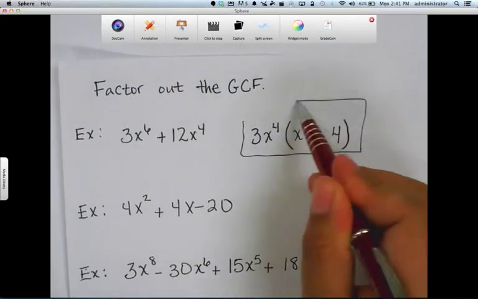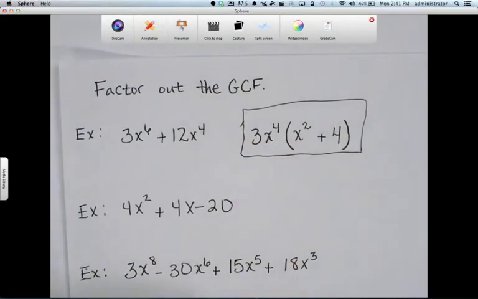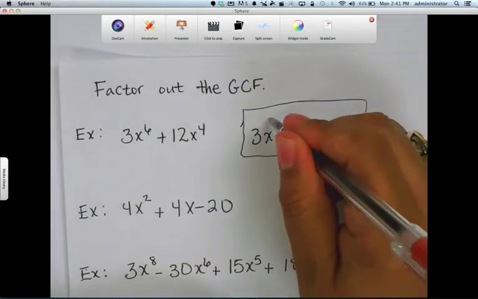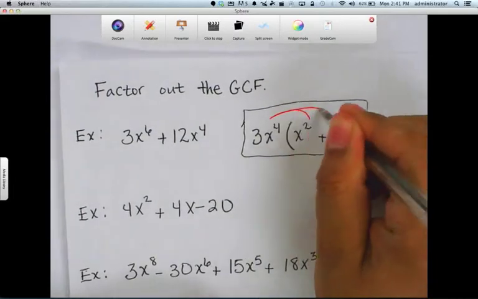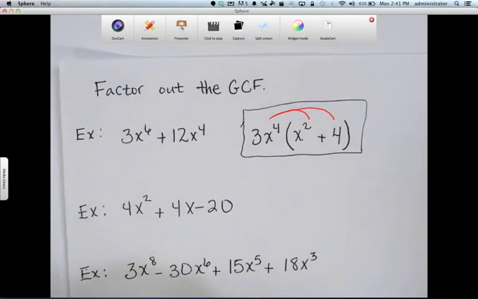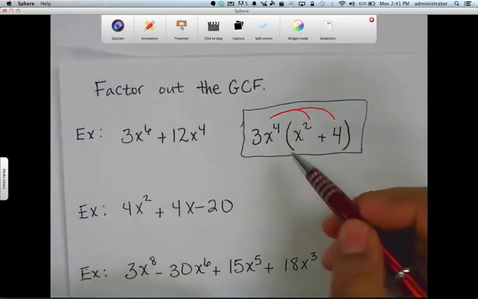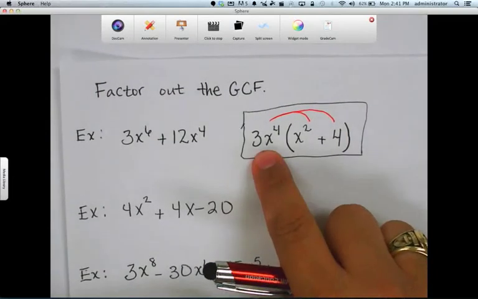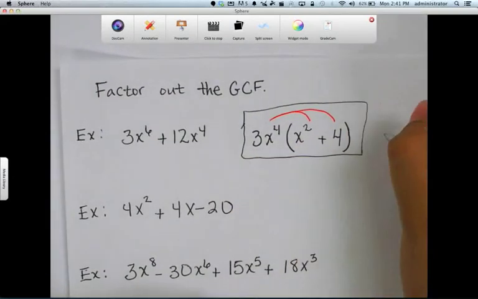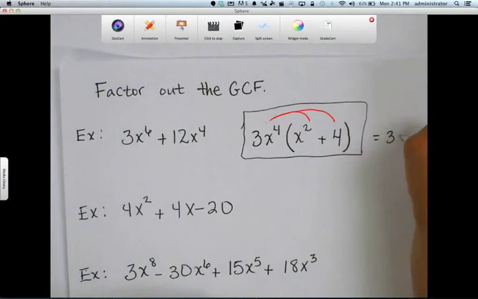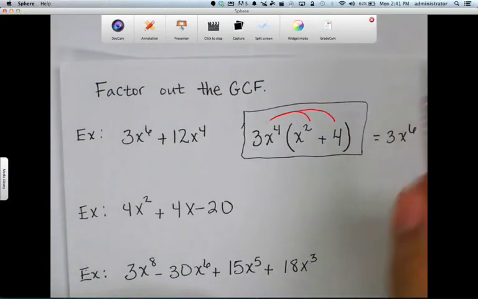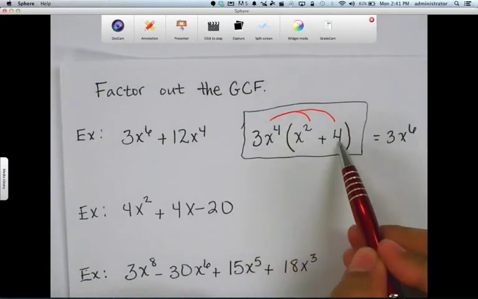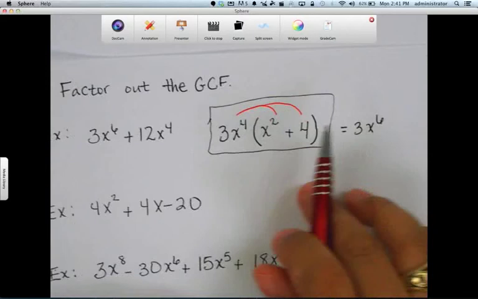But what I'm going to do is just demonstrate that you can work backwards to check your answer. So let me just do some distribution. Just distribute right back in. Now you don't have to necessarily do this, but if you'd like to check your answer, you can. 3x to the 4th times x squared gives me 3x to the 6th, and 3x to the 4th times 4 gives me 12x to the 4th.